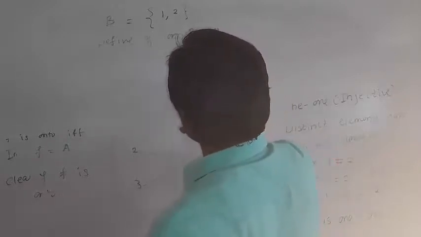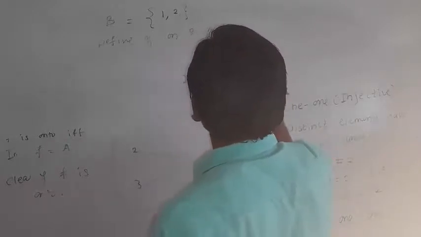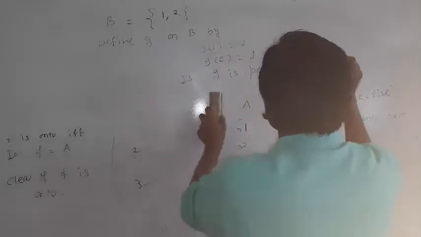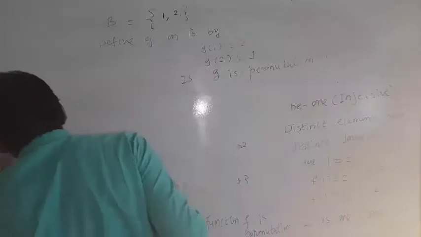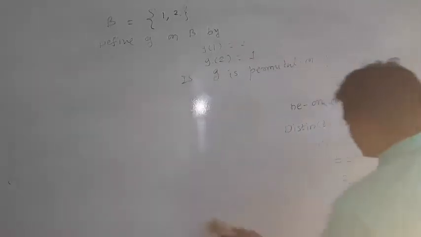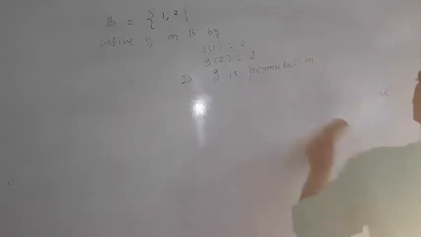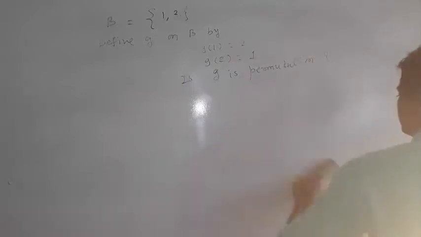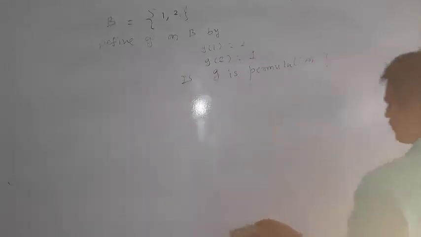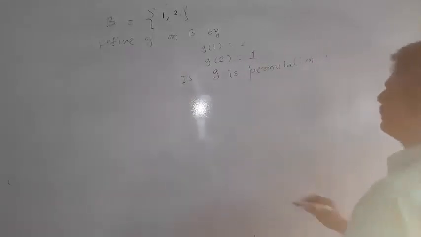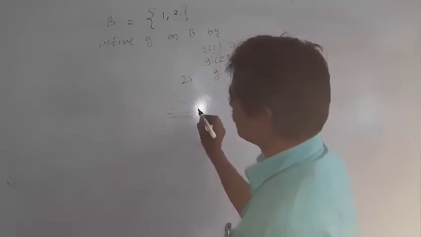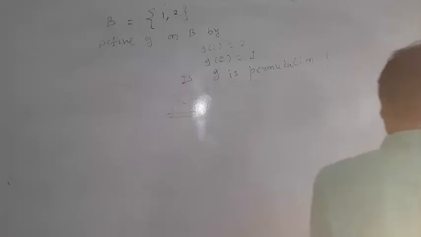Is g a permutation? Check yourself. Clearly g is a permutation on B, because g is one-to-one, distinct elements have distinct images, and g is onto. So again, you can check yourself, this is again a permutation.